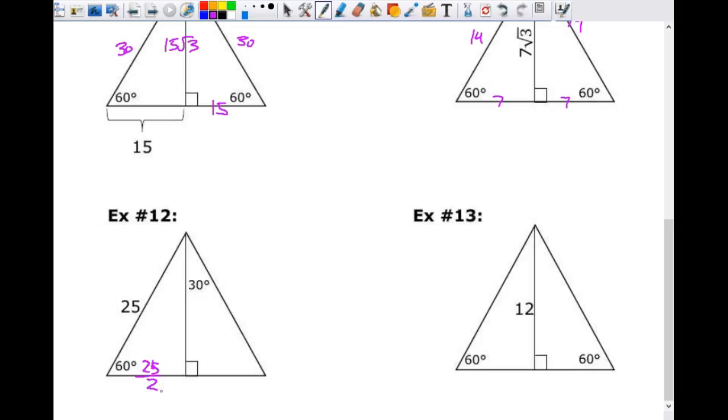This side is whatever this number is times root 3, which is 25 divided by 2 times the square root of 3. This is mirrored. These two are mirrored. 25, and now this is 25 divided by 2.